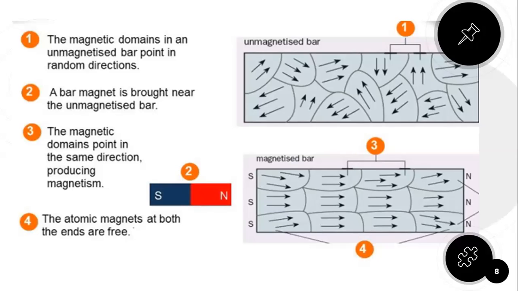Now, if you bring a magnet near it with the poles as you see at point 2, the domains start to have the same direction. So it means that you have induced the unmagnetized bar to act like a magnet. At the fourth step, the atomic magnets at both ends are free. So the unmagnetized bar is now a magnetized bar.